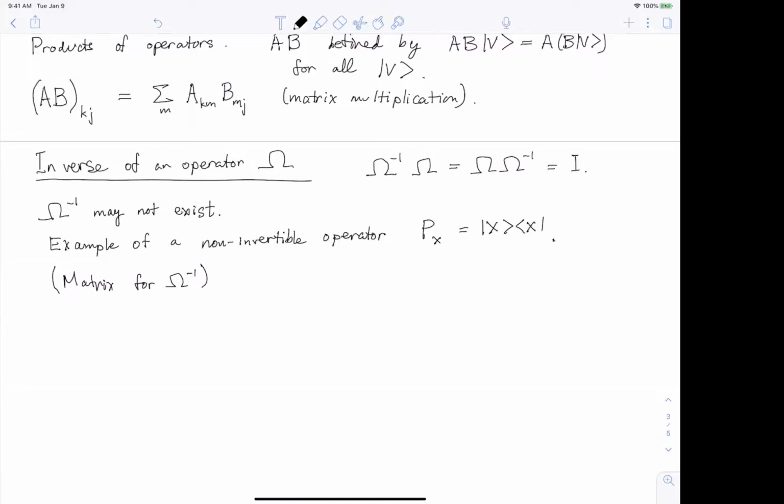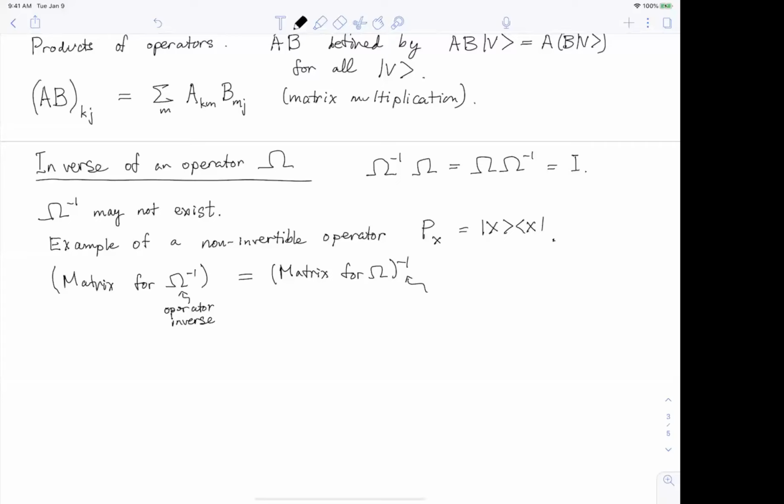This means operator inverse should be equal to, and you can prove it using the matrix multiplication trick that we discussed a minute ago, the matrix for the operator omega inverse.